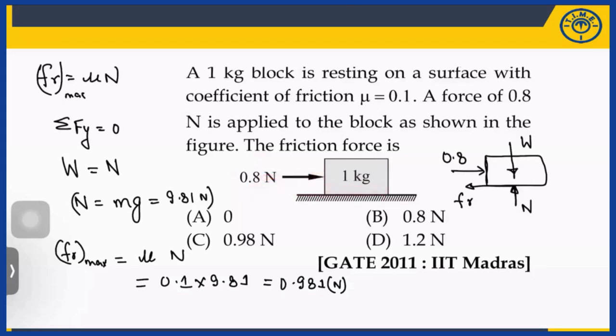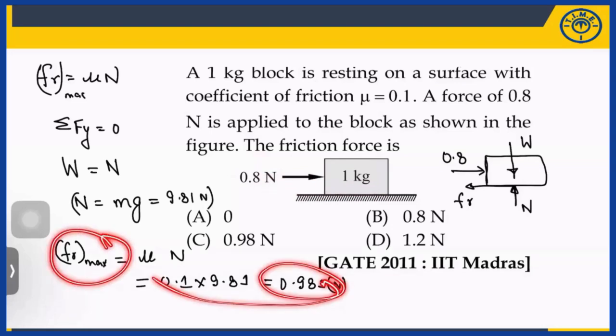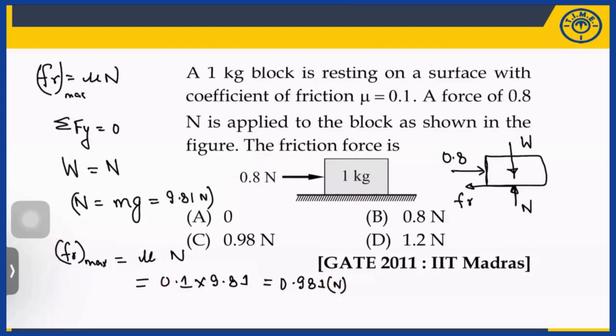Is it possible in a real situation? Because the maximum frictional force you can apply is 0.98. But how much friction force will act? It is equal to the applied load only. You are applying 0.8 Newton. The friction force maximum is this one. So the answer for this question is 0.8 Newton is the friction force.